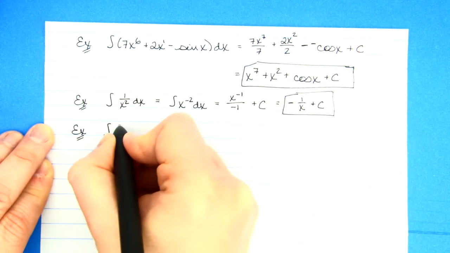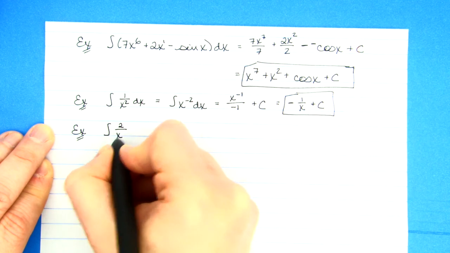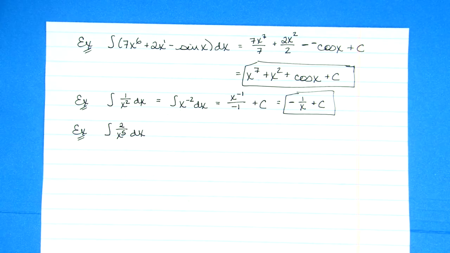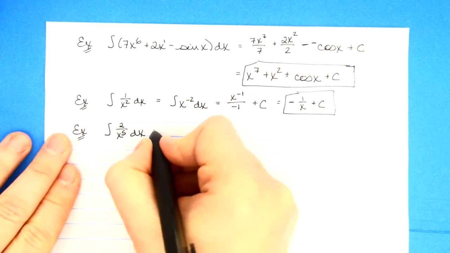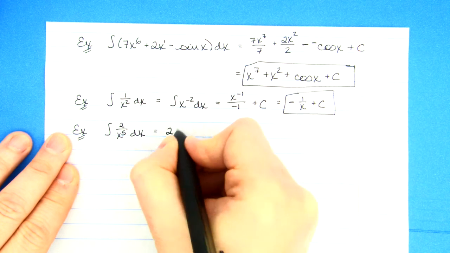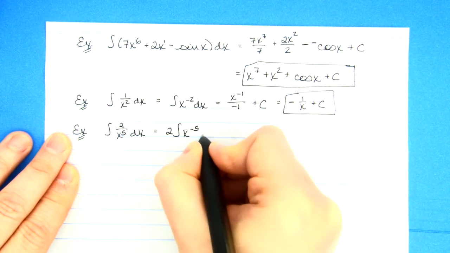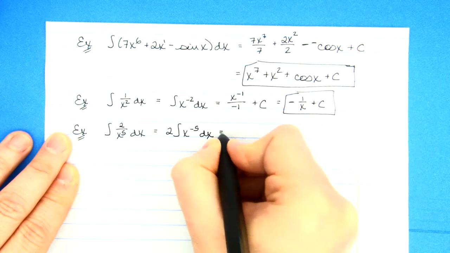The integral of 2 over x to the 5th dx. See what you can do with this one. Moving my constant out front, and I'm going to turn this into the integral of x to the negative 5 dx.